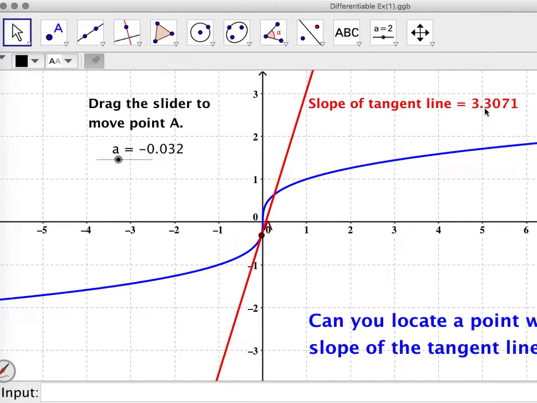We see that the slope values are getting larger and larger. I'm at slope equals 8, 9, 10, 11, 13, 20, 30. It's going up to a very large number, and eventually the tangent line slope is gone. It's not defined anymore. And that's because the slope of a vertical line is undefined. So if the slope of a vertical line is undefined, then so is the tangent at that location.